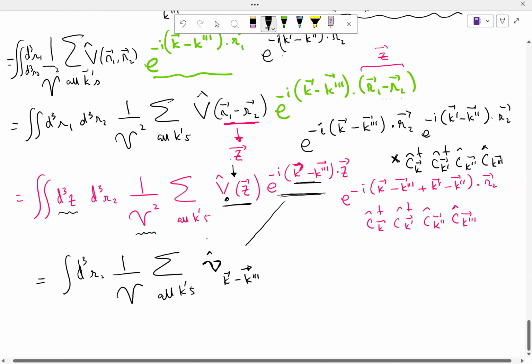So all of this becomes this. I'm left with e to the minus i k minus k triple prime plus k prime minus k double prime R2, c k dagger, c k prime dagger, c k double prime, c k triple prime.